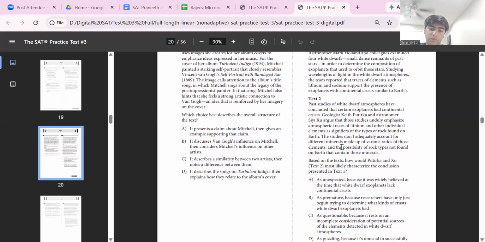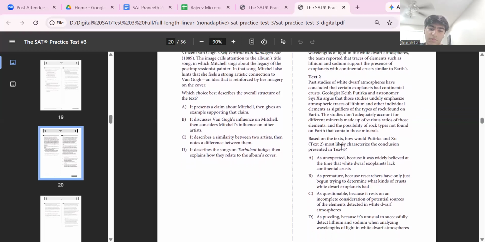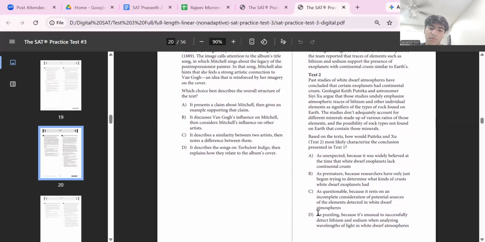And while doing the options, how can you save time while reading the options? I find the one that's generally disagreeing. Yeah, first of all, generally disagreeing. So maybe unexpected, premature, questionable, puzzling. They are all words which talk about some kind of disagreement only, isn't it?